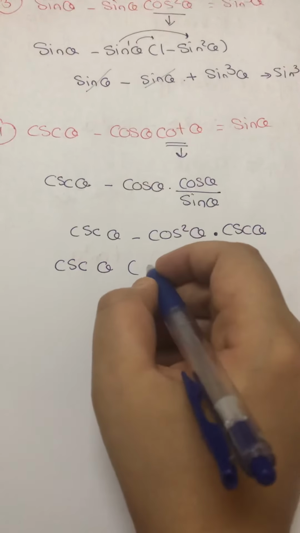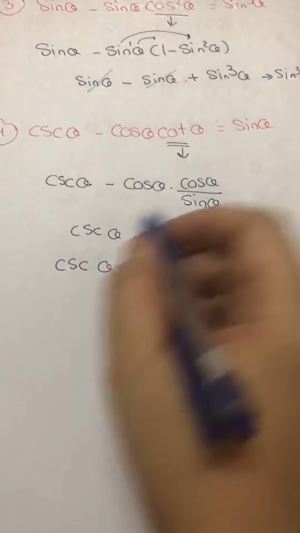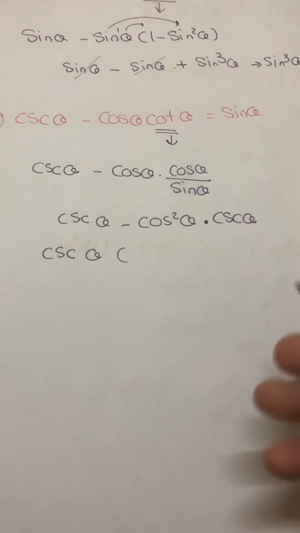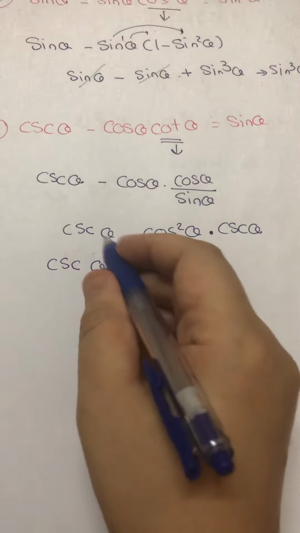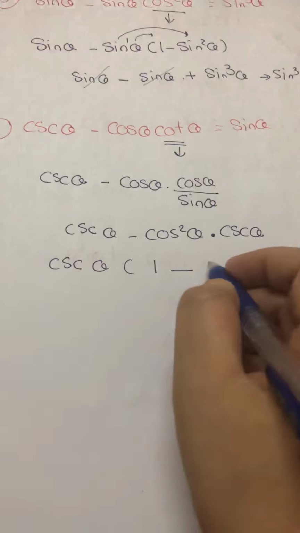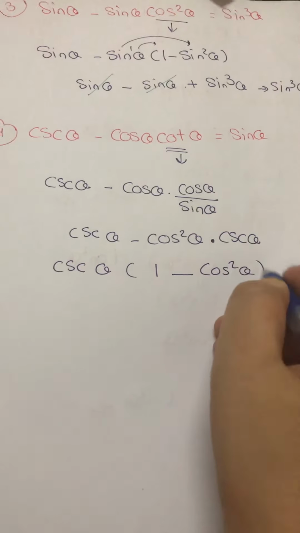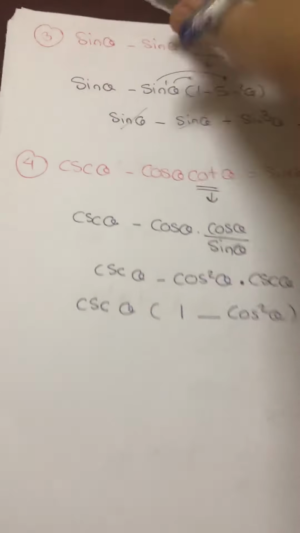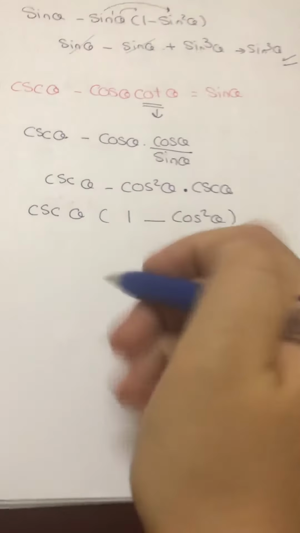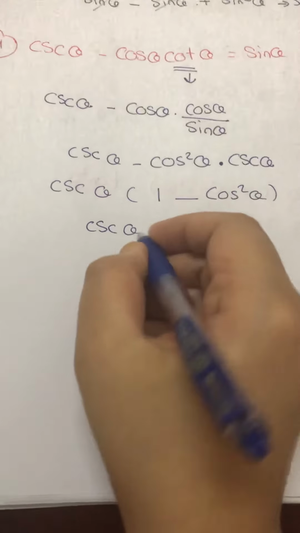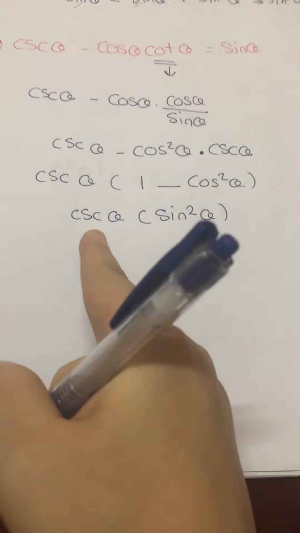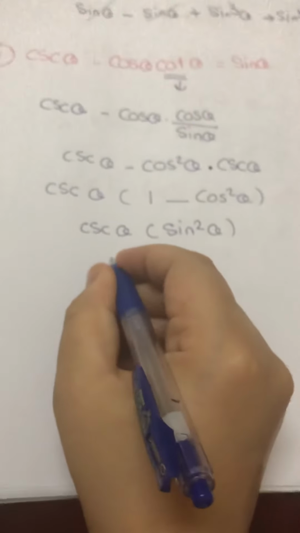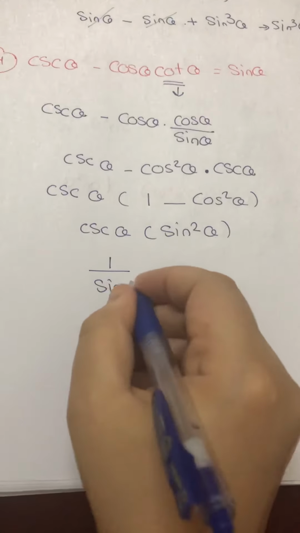Again, you might have other steps, not like mine. And when you reach sine theta, give yourself a chance to try. If I take cosec theta here, 1 will be left minus cosine squared theta. And what is 1 minus cosine squared theta? Cosec theta times sine squared theta. And what is cosec theta? 1 over sine theta.